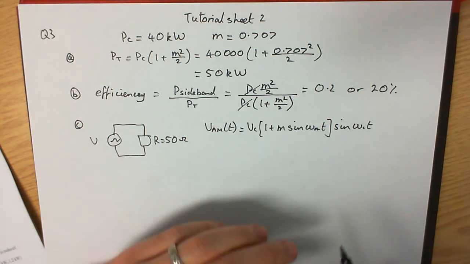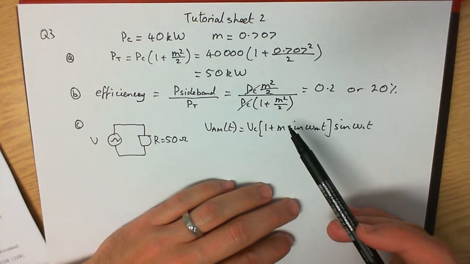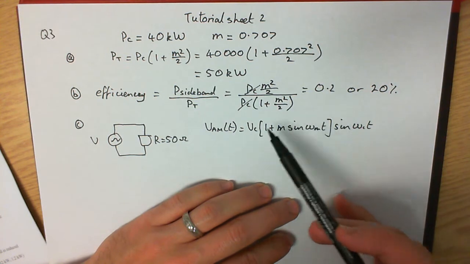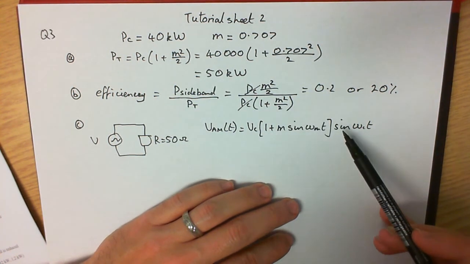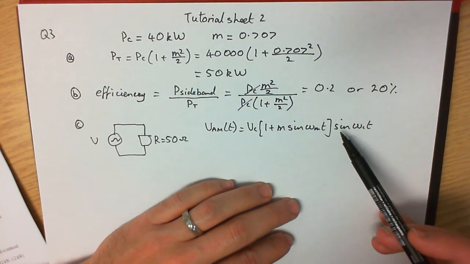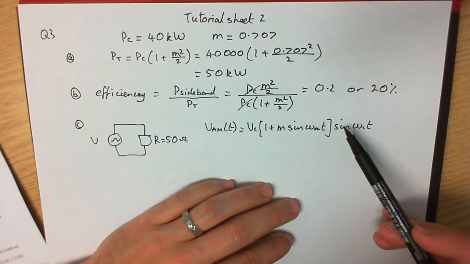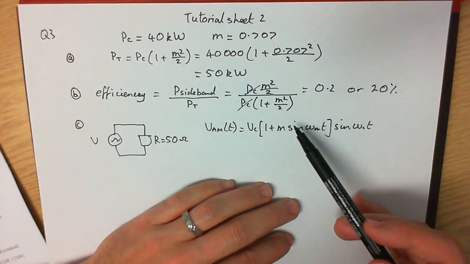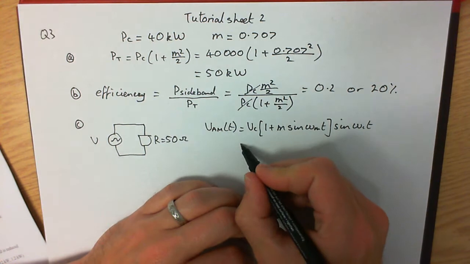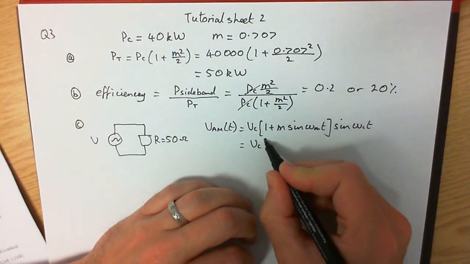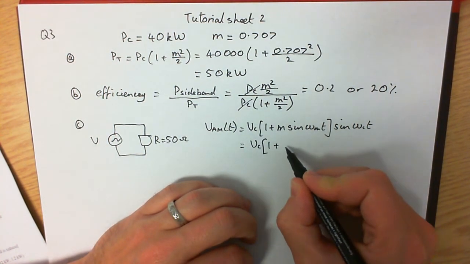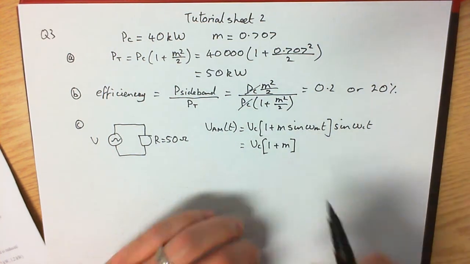Now to work out what the peak voltage is, we need to know the maximum voltage that this could ever be. Well, the maximum value of a sine wave is 1, and that one is also 1. So the maximum is going to be VC (1 plus m).